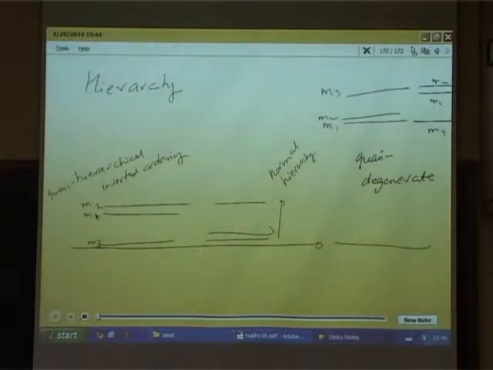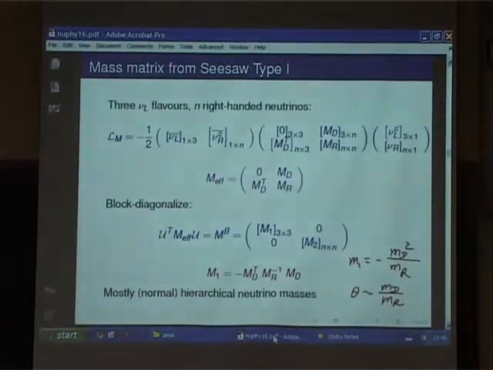So the words normal and inverted hierarchy, people use loosely, so you have to be careful and see what context they mean. Here I mean that they give hierarchical neutrino masses. Many models do normal, but they don't need it. This is the type 1 seesaw.